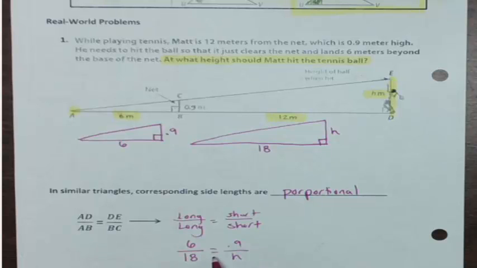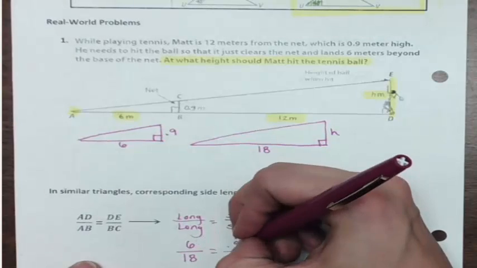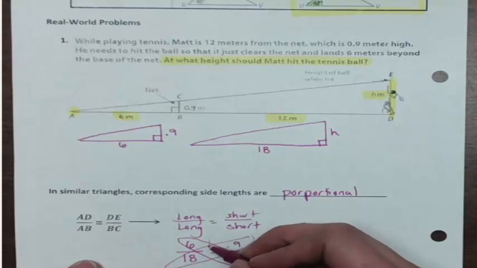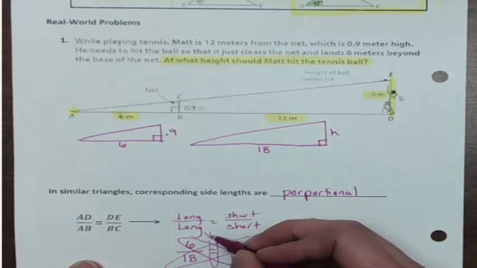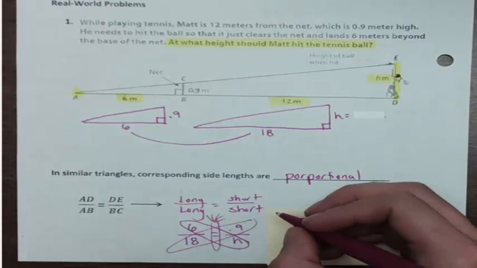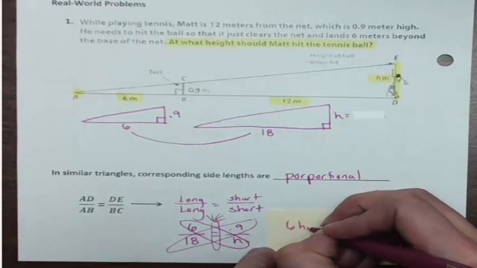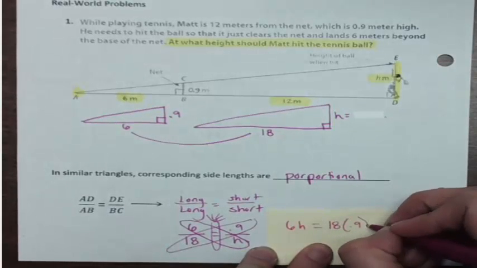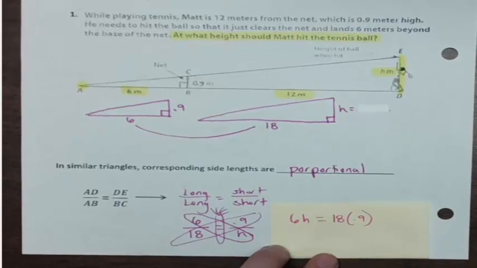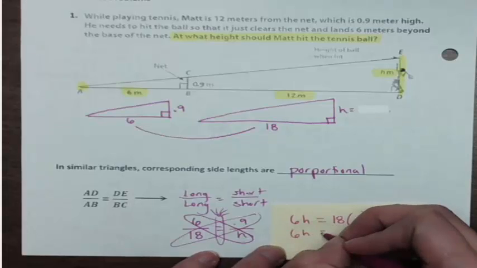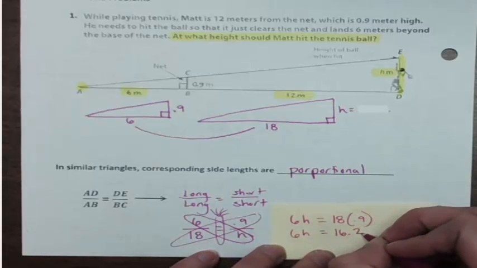When there's a proportion, I need to cross multiply first, or some of you might call it a butterfly. So when I cross multiply, I now have 6 times H on one side and 18 times 0.9 on the other side. When I multiply 18 times 0.9, I now have 16.2 on the right.